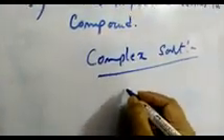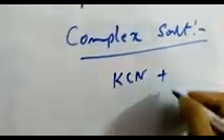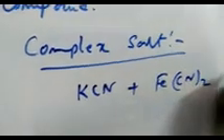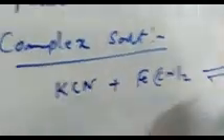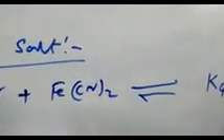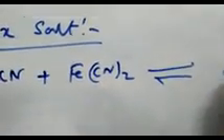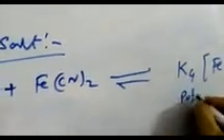Example: suppose a solution of potassium cyanide and a solution of ferrous cyanide have been added to each other and they form a new salt, that is K4Fe(CN)6. So it is called potassium ferrocyanide.